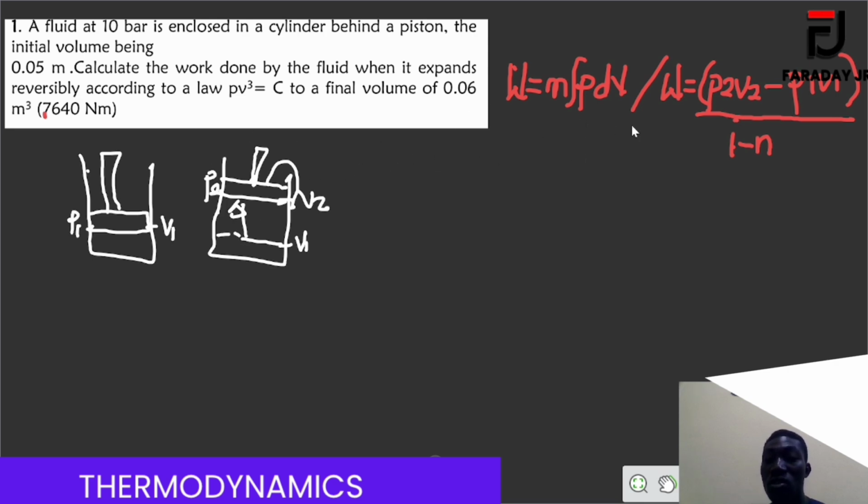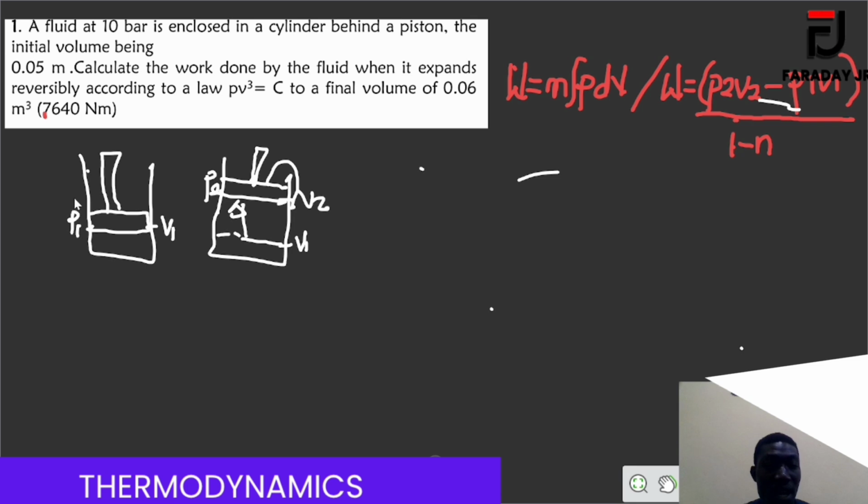You can choose to use this, or you can choose to use this particular formula over here. So you can see we have our P2 V2 here, P1 V1 here too. Our final pressure, if you look at it from the data being given, we were not given, right? But we know that it said a fluid at 10 bar, so that is the initial pressure.